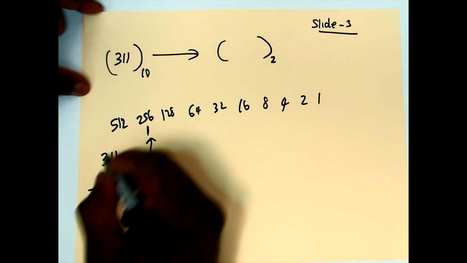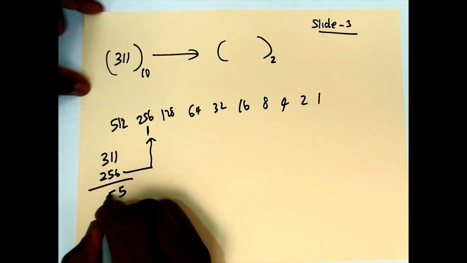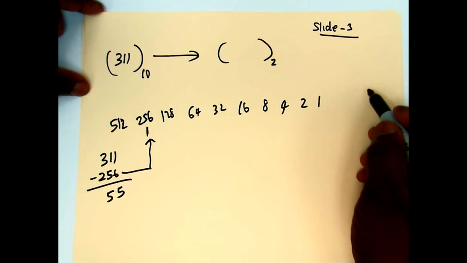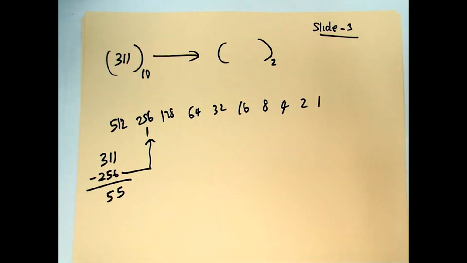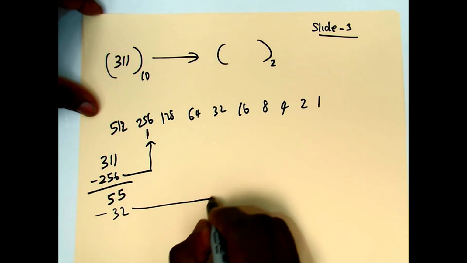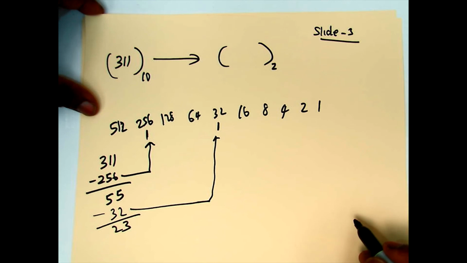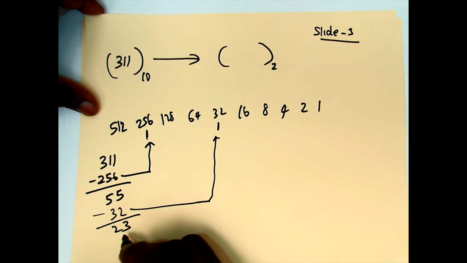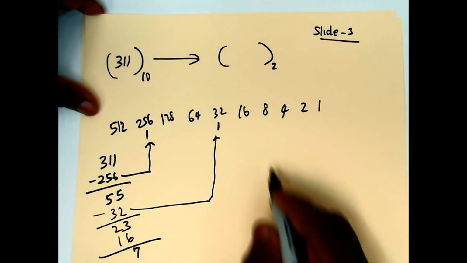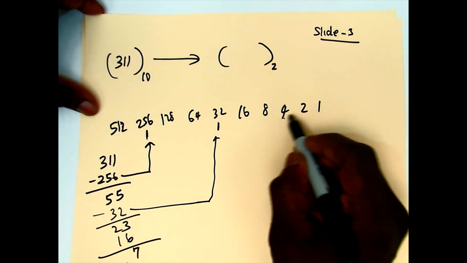We use 256. You have to be careful about your arithmetic: 311 minus 256 is 55. Then we have 55. You see how we have reduced this big number to small numbers. Then I use 32. I have 23 left. Then I use 16. I have 7 left.